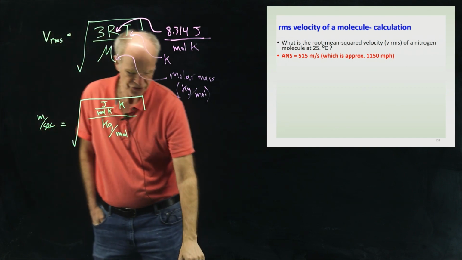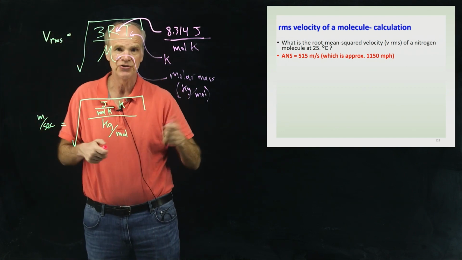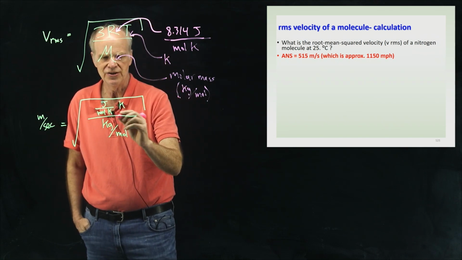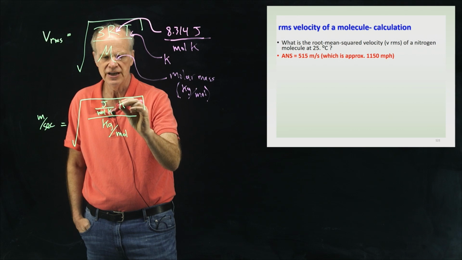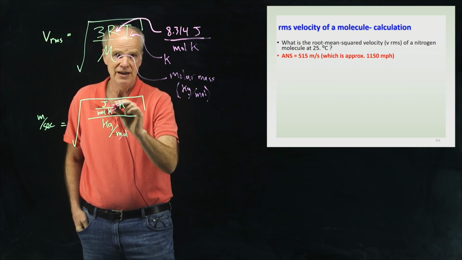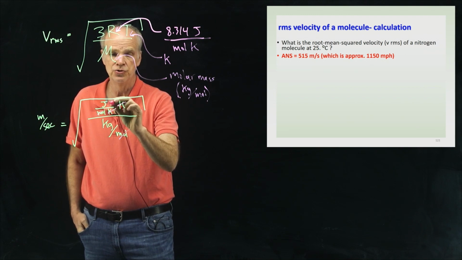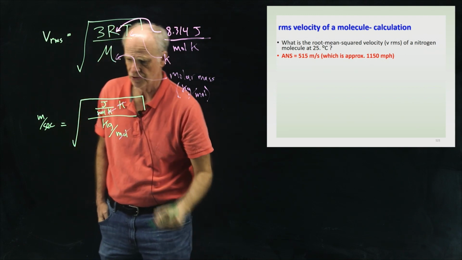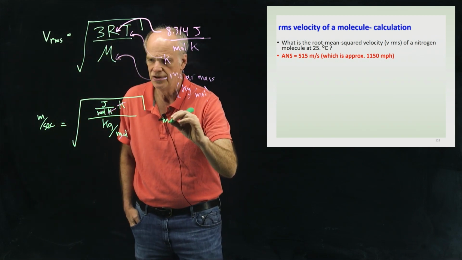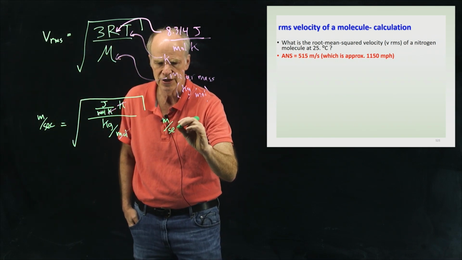Okay. So let's try to cancel out some units and see how far we get. So it looks like Kelvin cancels out, right? And then mole cancels out. But right now, I cannot cancel out joules and I cannot cancel out kilograms. So what I have, I'll write over here, is meters per second, which would be the velocity.